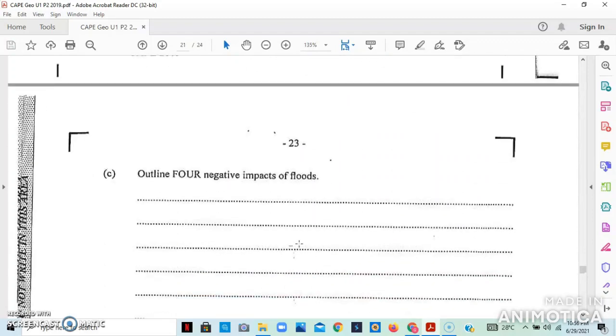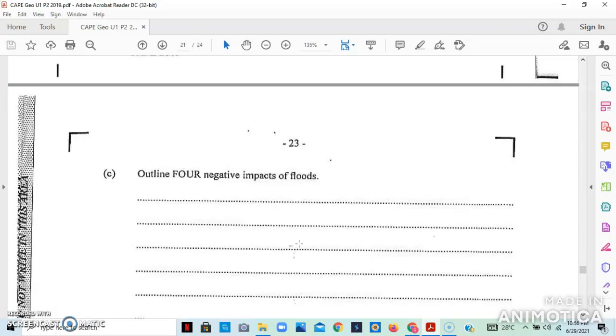For part C, it asks us to outline 4 negative impacts of floods. Floods can wash away people or cause persons to drown. They can affect animals, cars, and buildings, which are washed away or damaged.